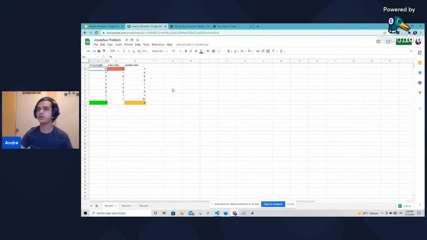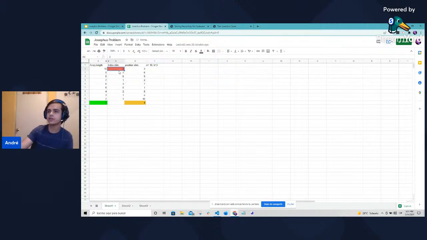Again, we can see here that we start on array length number 10. The first index is 2, and the position eliminated is 3. So first of all, I would think, okay, how can we get the first index? We know that we have a number of positions, which is 10, and we also know the steps taken for each position, which is 3.